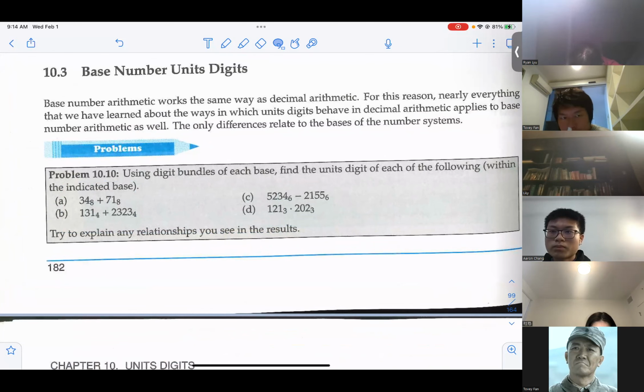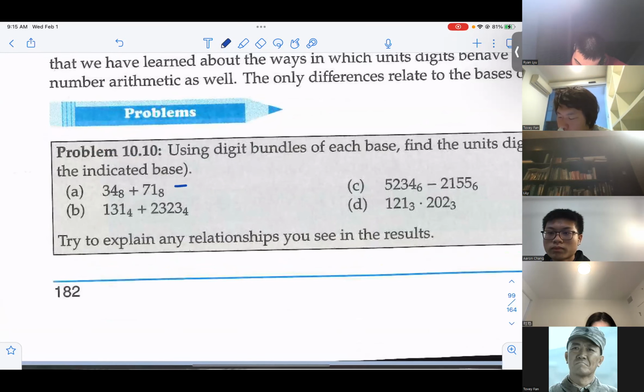For addition and multiplication, if your result is greater than the number base, you just need to subtract the number base from it, because you have to carry over. For subtraction, if the difference is a negative number, then you just need to add the number base, because you have to borrow a digit. I think it should be pretty easy. Let's quickly go over these.